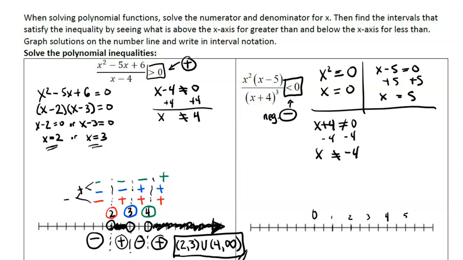Oh, I didn't leave myself enough space. So let's rewrite that. 0, 1, 2, 3, 4, 5, and 1, 2, 3, 4. There's negative 4. And so then we're going to have open circles in each one of those.